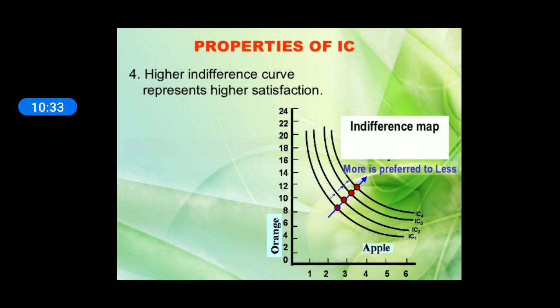It is only because on a higher indifference curve, the consumer can consume a high quantity of both goods and get a high level of satisfaction, but on a lower indifference curve, he can consume less quantity of both goods, and so a lower indifference curve gives him a low level of satisfaction.